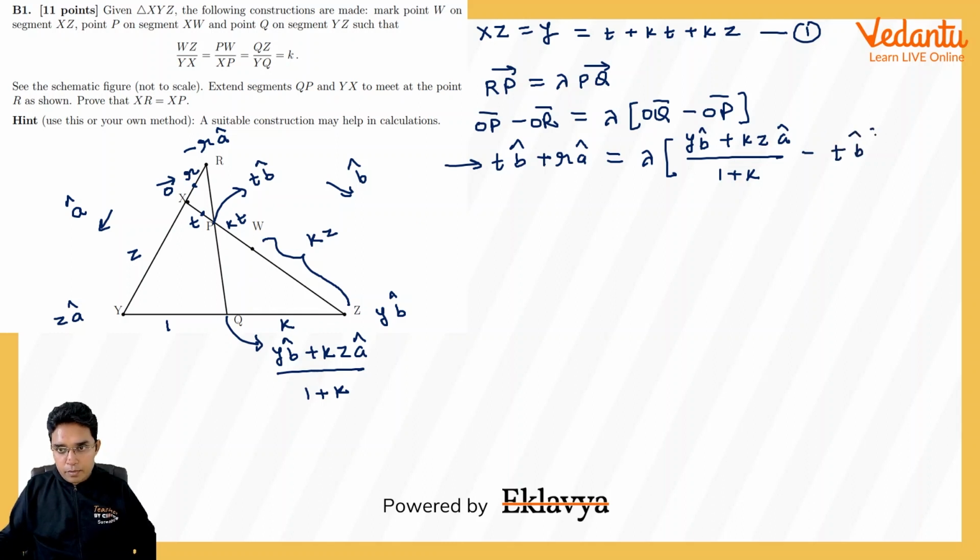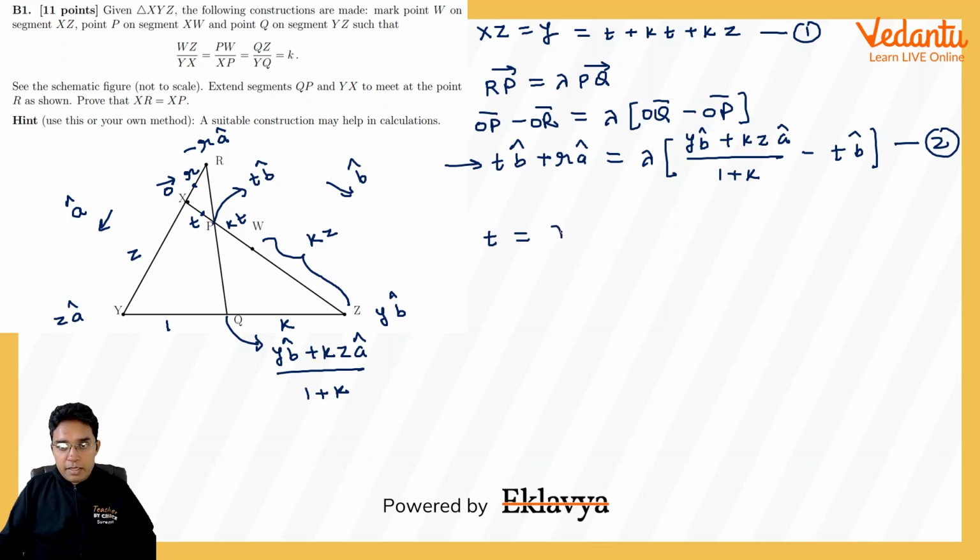Now because a and b are two vectors which are not collinear, if this equation is to be true, the coefficients of a cap and b cap should be compared separately. They should be equal separately. Then only this equation can hold good. Now the coefficient of b, if you compare, comes out to be t on the left hand side.